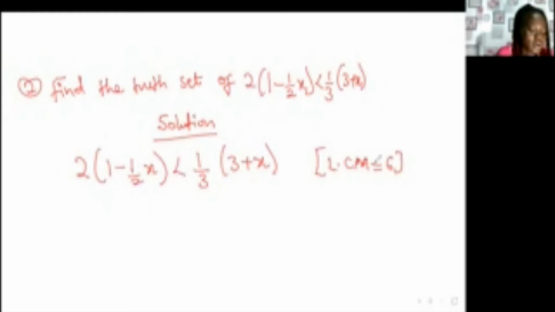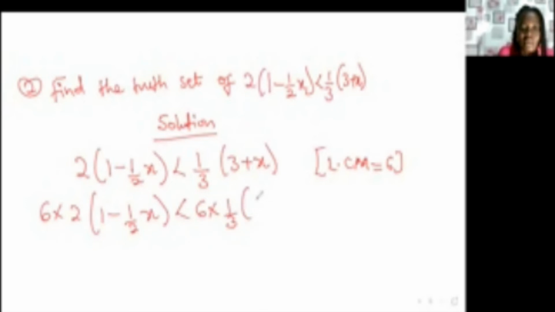So LCM is equal to 6. When you get an LCM, we now multiply each term through by the LCM. So we are going to get 6 times 2 brackets 1 minus half x less than 6 times 1 over 3 bracket 3 plus x.